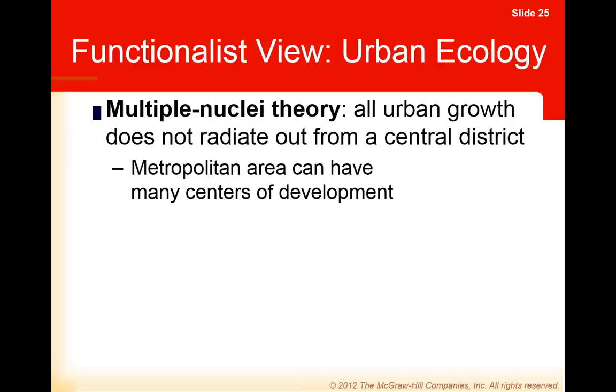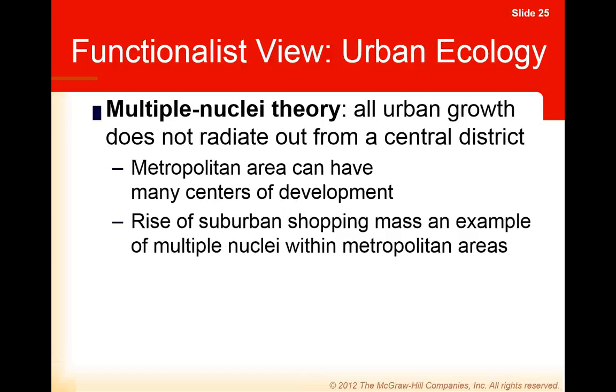So the idea here is that a metropolitan area can have many centers of development. Suburban shopping malls are an example of multiple nuclei within metropolitan areas. A suburb develops, people live out there without access to stores, and eventually shopping stores and malls start to develop out there. And banking centers will as well.